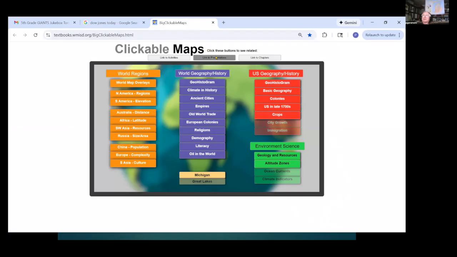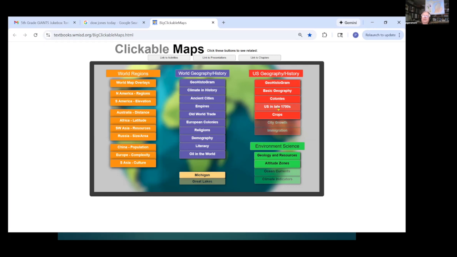Joe, the U.S. geography history segment of the clickable maps has one about the geohistogram that you can put up different parts of separately. It's got a basic geography of the United States. It's got the colonies map, the three different ones, the British, French, and Spanish ones that I've already showed you a couple frames from.